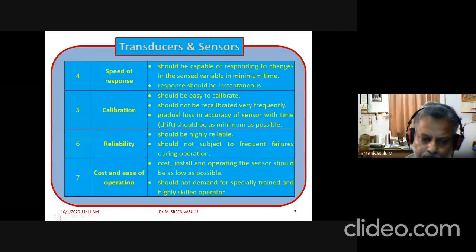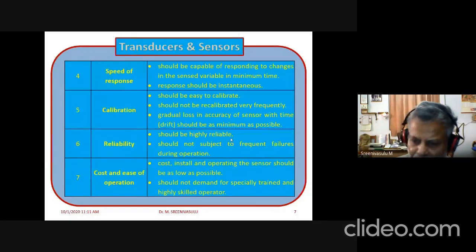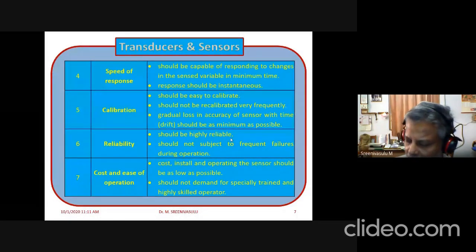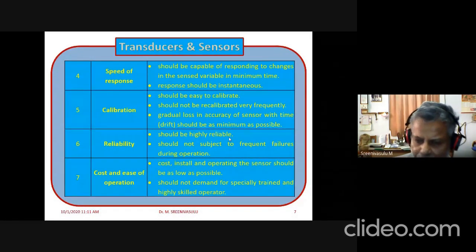Then reliability. That value being sensed should be highly reliable. Moreover, it should not undergo any sort of failures during its operation. Say for example, I am trying to measure some property, maybe force, and I am trying to put that sensor in a robot in its usage.